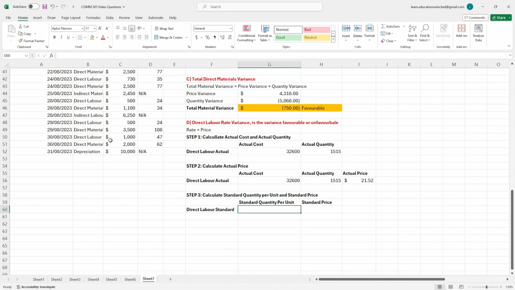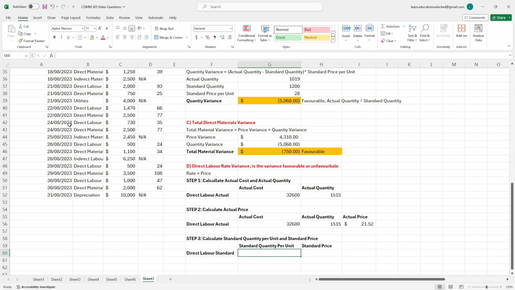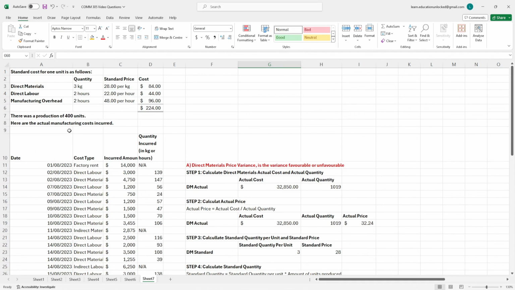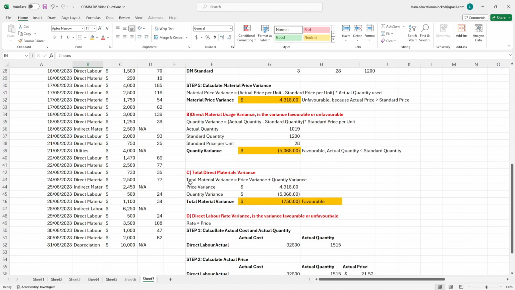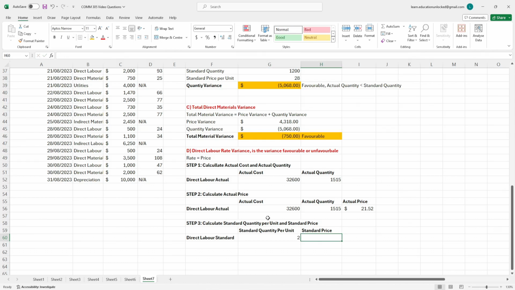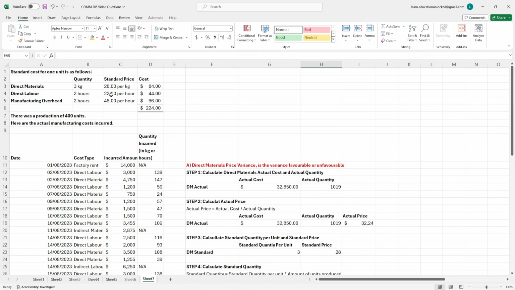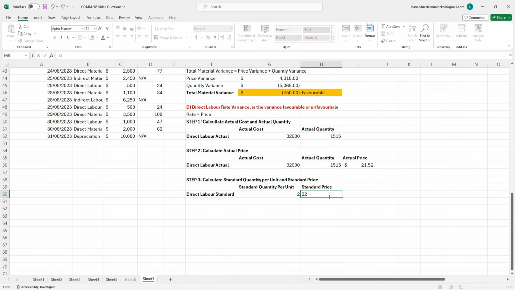So we can go find on top our standard. Just know that your standard is what's given most of the time. So direct labor quantity would be 2. And your standard price would be 22.